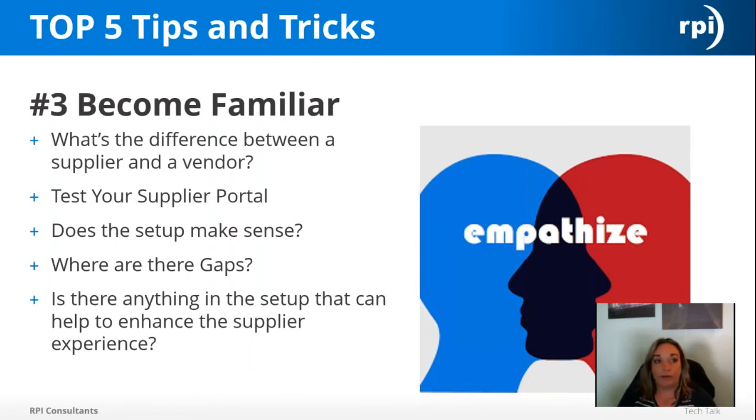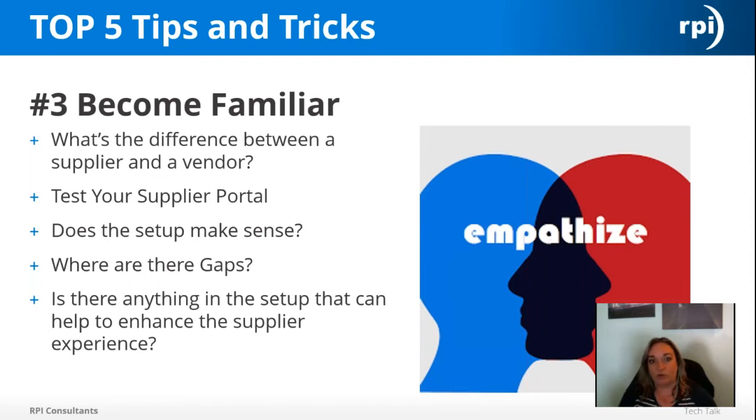So tip number 3, become familiar with the supplier portal system. Frequently we're asked, what's the difference between a vendor and a supplier? For those who maybe aren't familiar with strategic sourcing or a supplier portal, it's important to know that prior to doing business with your organization, we're looking for hopeful vendors or potential vendors to register, but a supplier doesn't necessarily mean they're doing business with your organization just yet.